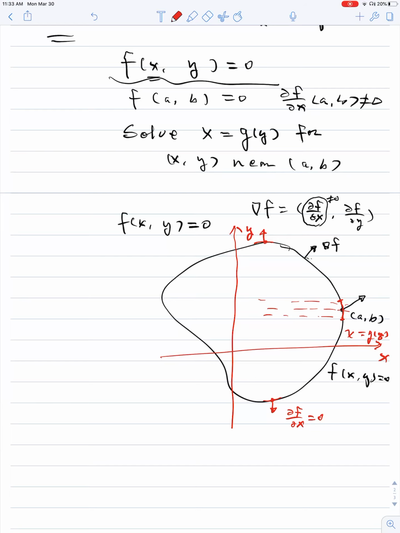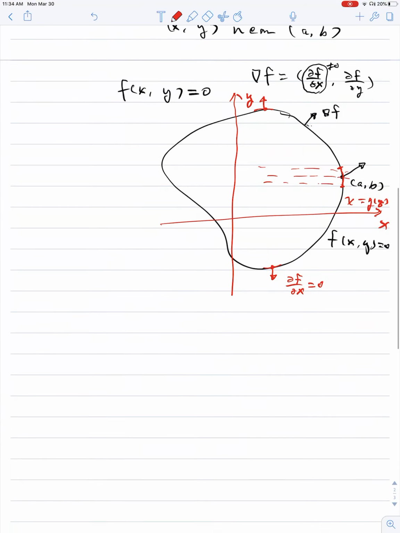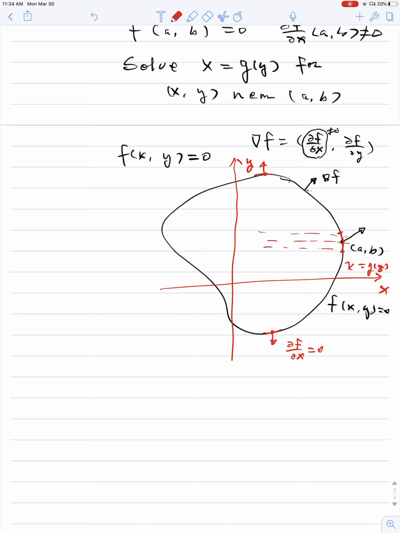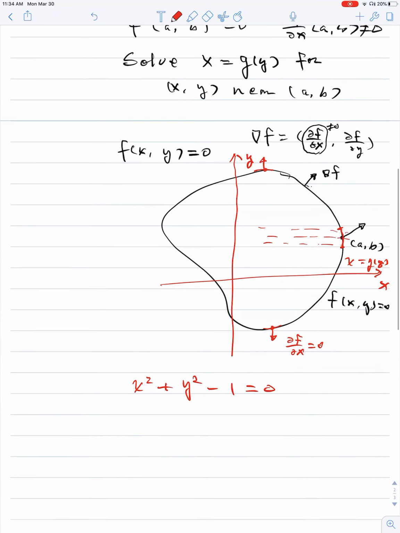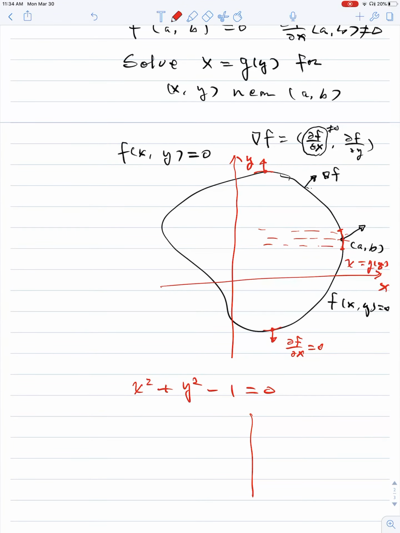So it's about when you're given an equation like x squared plus y squared minus 1 equals 0. We know that the graph of this, of course, is the unit circle. At any point you can solve x in terms of y, but you would have positive or negative: x equals plus or minus the square root of 1 minus y squared.